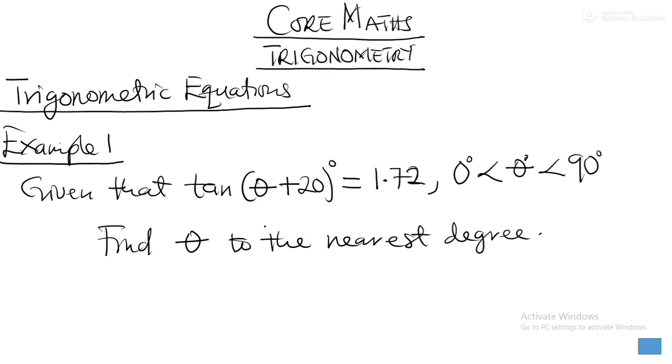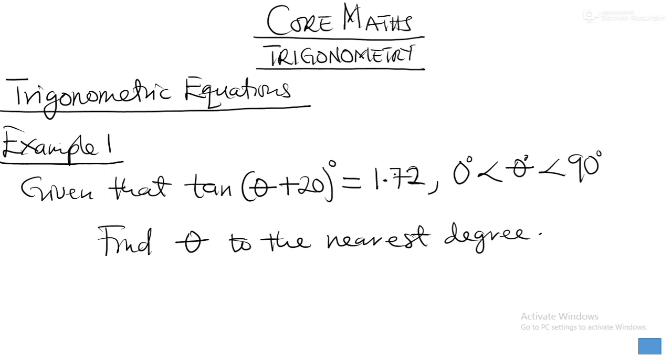Anytime you have a trig equation to solve for the value of theta or whatever angle you are to look for, the first thing is to look for the sign of the ratio. Here our ratio is 1.72 and it is positive.